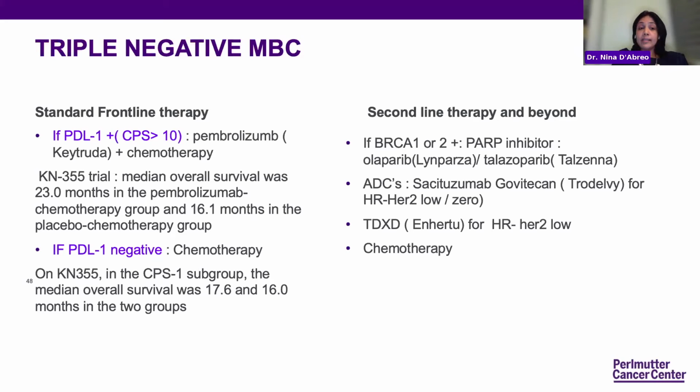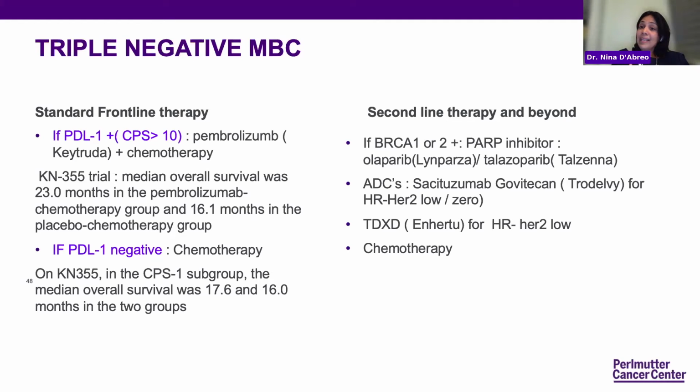So very large studies have shown that if you had a triple-negative metastatic cancer, if you had a high PD-L1 level, then those patients actually benefit from an immunotherapy called Keytruda in combination with chemotherapy. And the median overall survival, these patients were living 2 years and longer with the addition of this pembrolizumab compared to just chemotherapy.